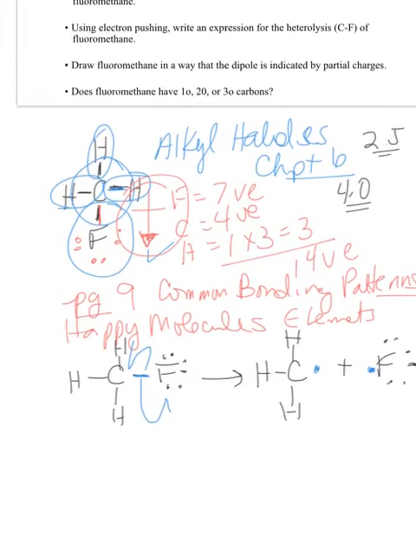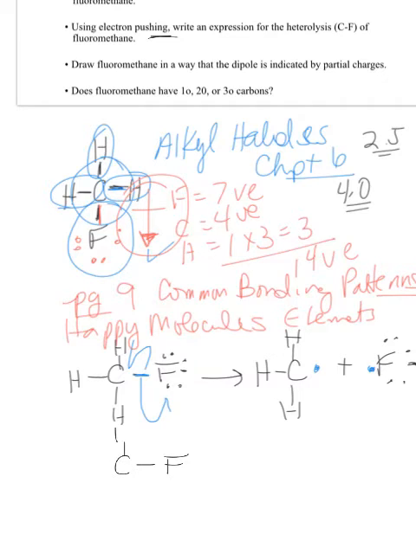Using electron pushing, because you need to understand how to draw these electrons, because it's how we express certain things. Express heterolysis of the carbon-fluorine bond of fluoromethane. In this molecule, both electrons are going to go with the fluorine.